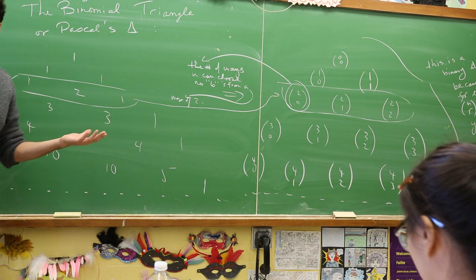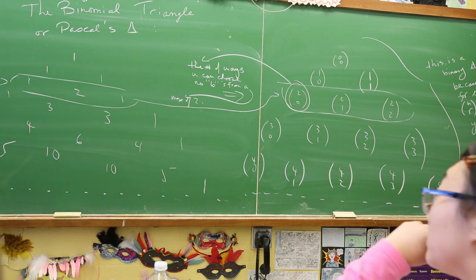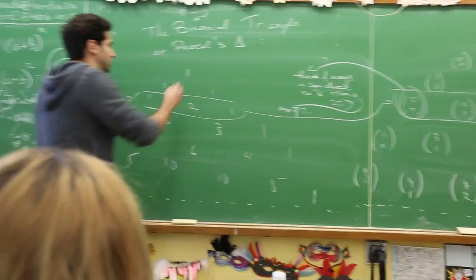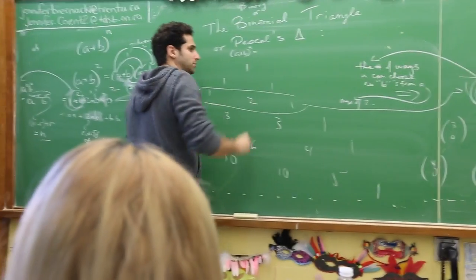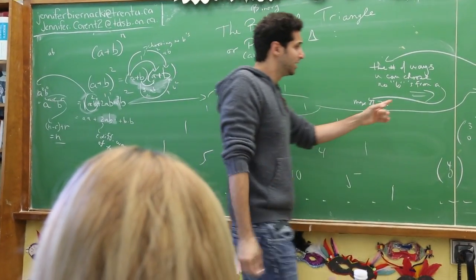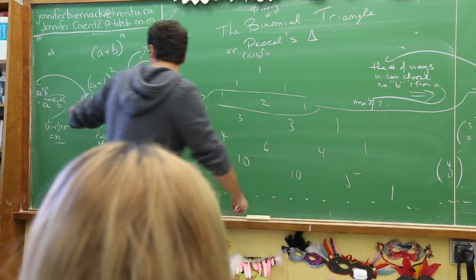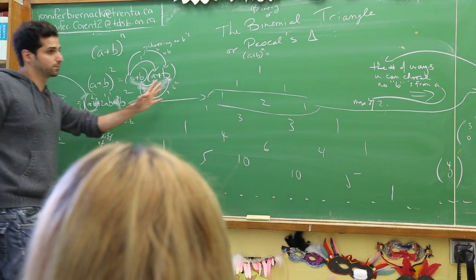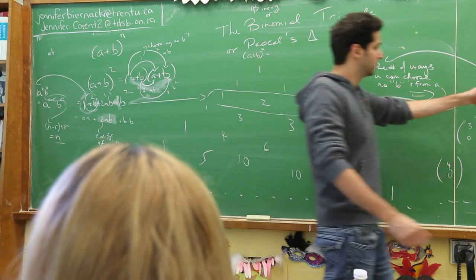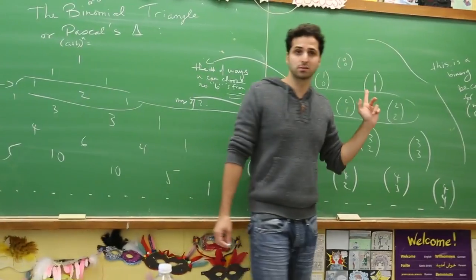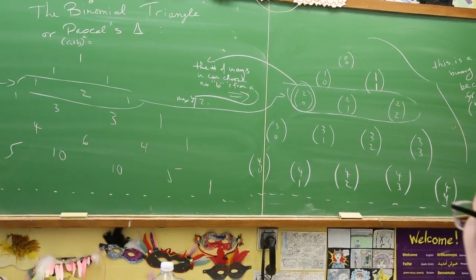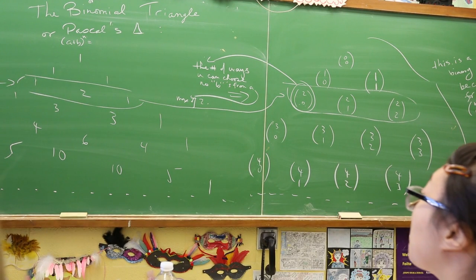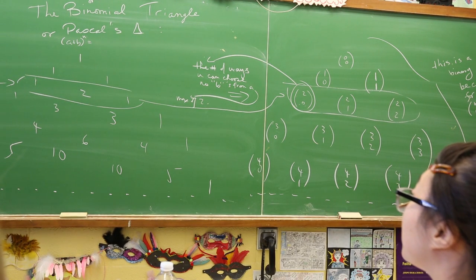So a more general formula for this expansion could then be written as follows. (a + b) to the n can be thought of as, well, you notice that for each of these scenarios, the top is fixed. And the top corresponds to this variable n, which is the exponent of the expansion, right?